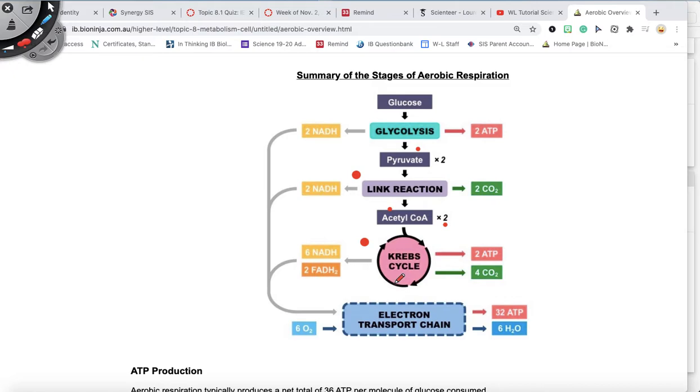So then the end result of all of this is going to be two molecules of carbon dioxide from the link reaction and two electron hydrogen carriers, two NADHs.